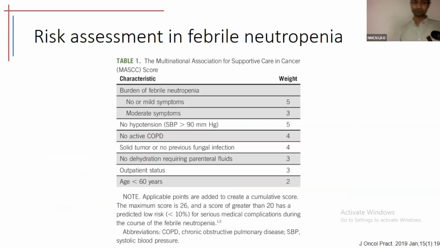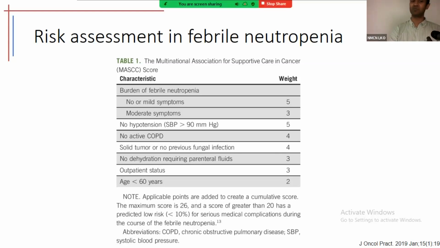Okay. So what do you do in such patients? There is this risk score that was developed for cancers, known as the MASCC score. It is a very simple clinical score that can be applied to every clinical situation with febrile neutropenia, where you look at the burden of febrile neutropenia.